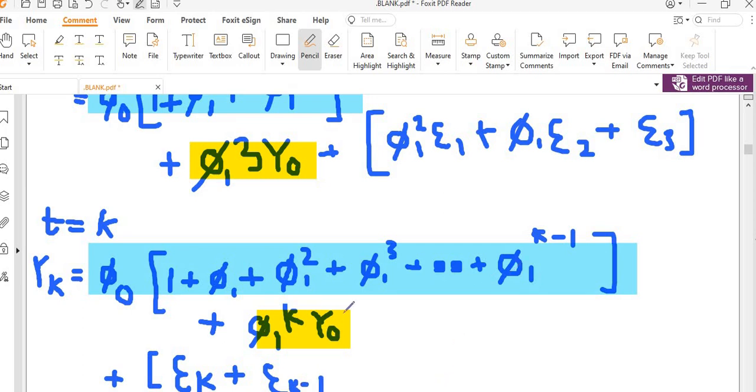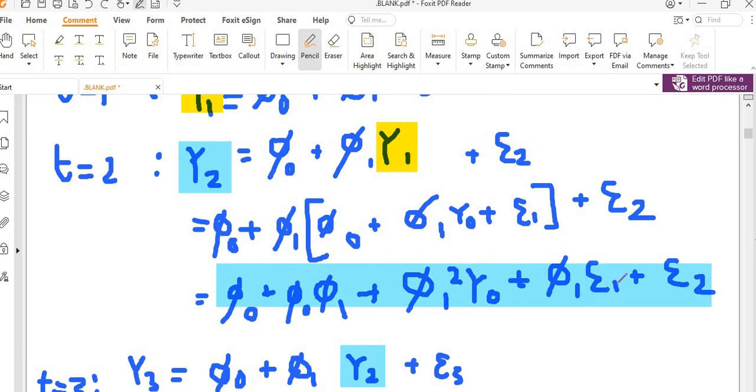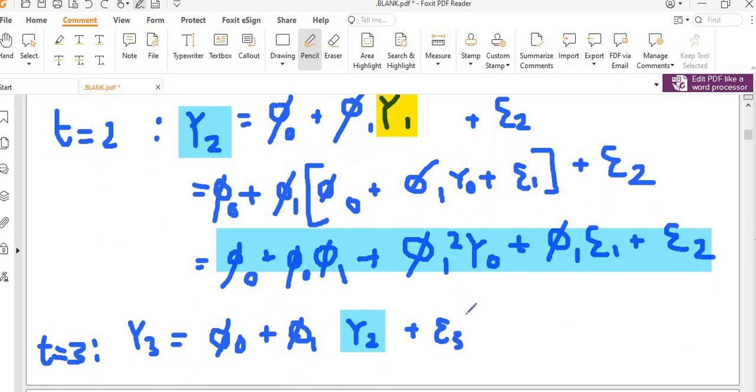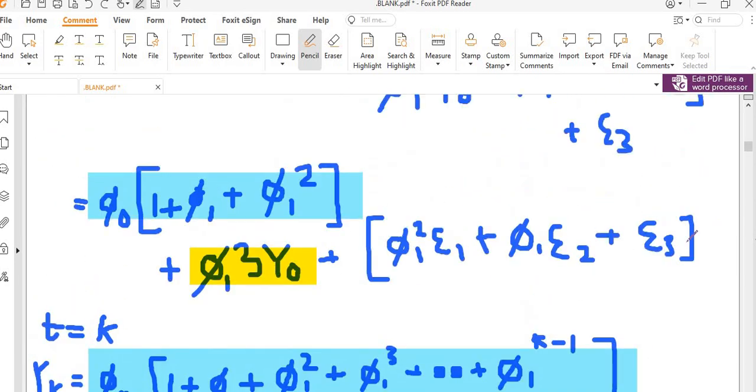Let me think how we can express that. If we go back, then we have phi 1 epsilon 1 plus epsilon 2. If we have t equal to 1, then we just have epsilon, that is not a problem. Our main information set is t equal to 2, this expression, and t equal to 3, this expression.